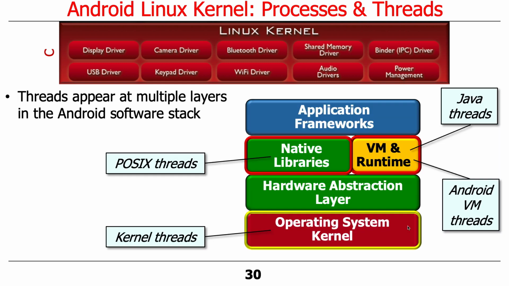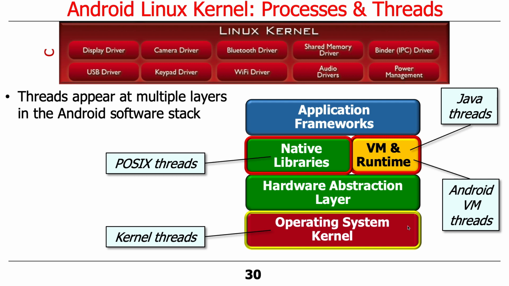Threads, which are the foundations for all the concurrency and parallelism we've been talking about in this class, can appear at multiple layers in Android's software stack. We have the so-called kernel threads down at the operating system kernel level. We also have POSIX threads in the native libraries level, which are really little facades around the kernel threads.